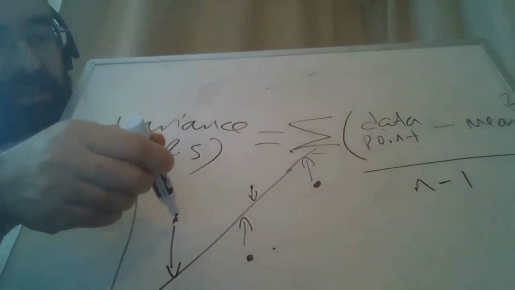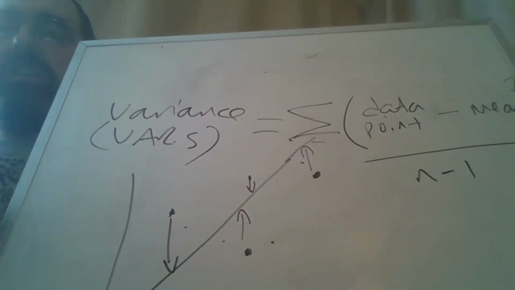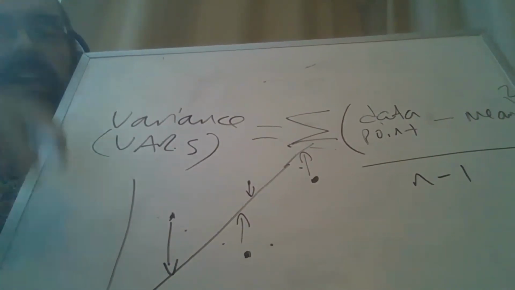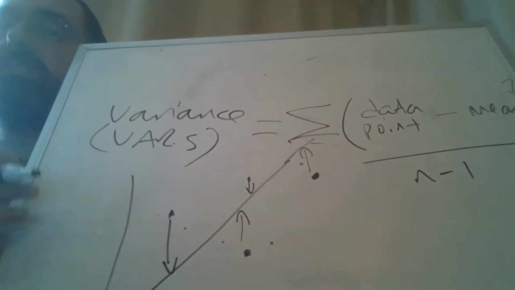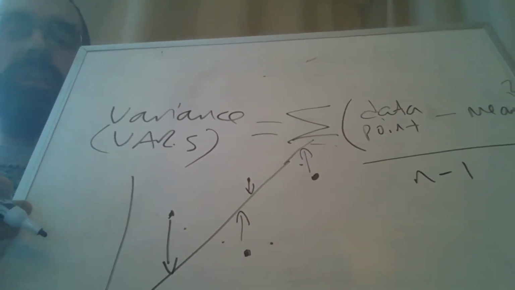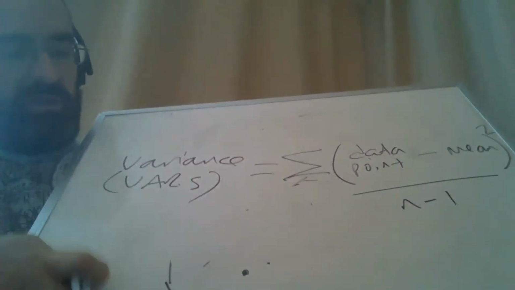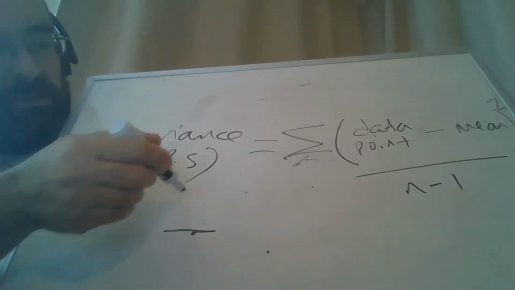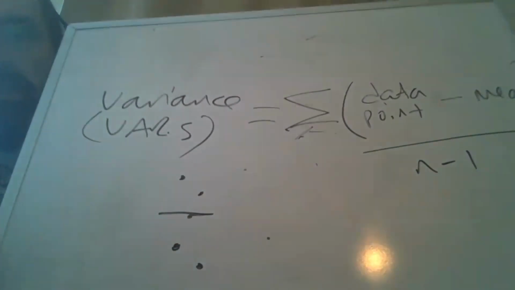So variance is adding all those differences up together to give you a measure of how much the data varies around the mean, above and below it, right? Because it's very unlikely that the mean is going to be the same as every data point. So you're going to have some data points above and some below.